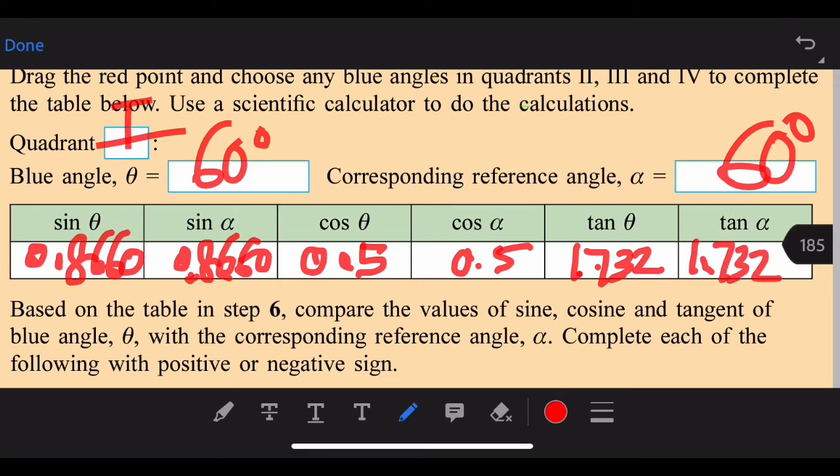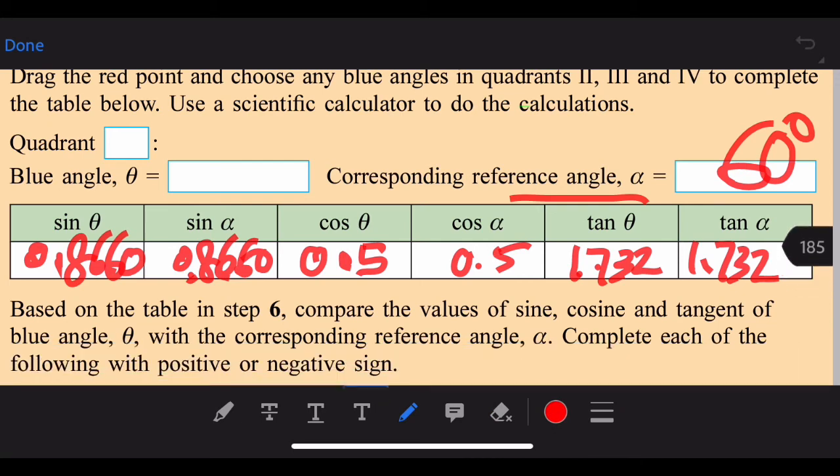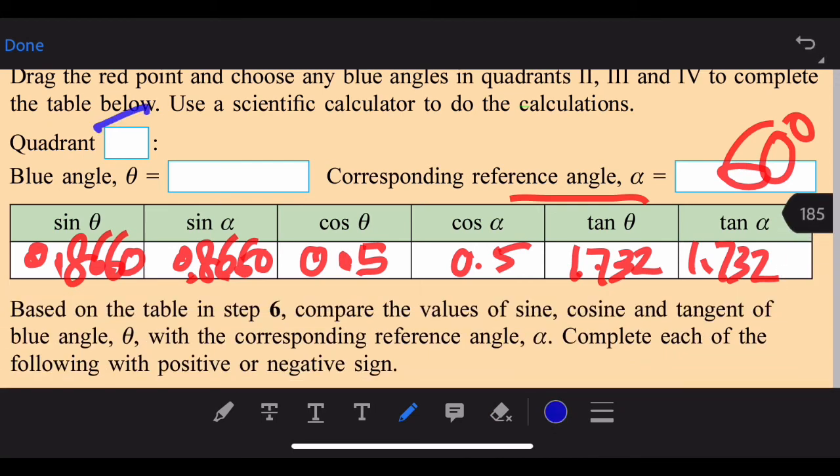If we remain with alpha as 60 and change to the second quadrant, alpha is still 60 and the blue angle now is 120. Let's write down the second quadrant activity. We use the blue one, which is 120 now.